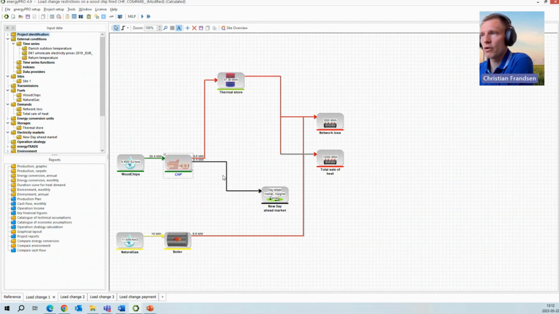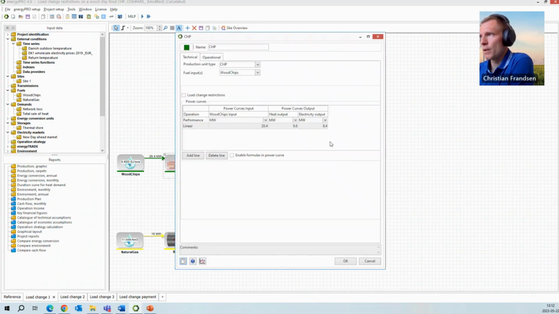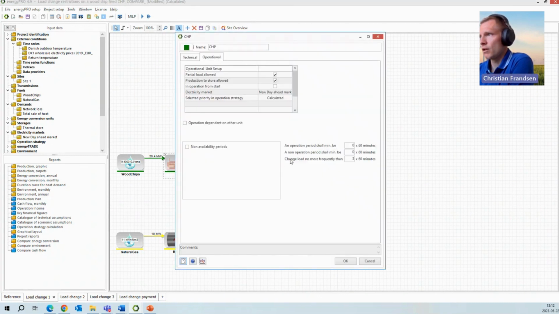And this is of course only the case when this change load no more frequently than this field has a higher value than these fields. You can of course say that this should minimum be in operation for 6 hours, and then you can either have the same load for all 6 hours or change it once.